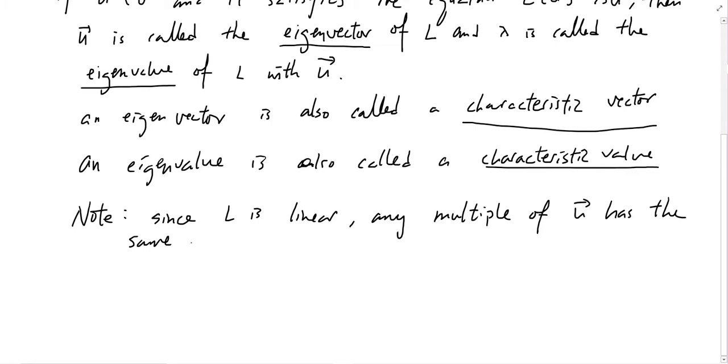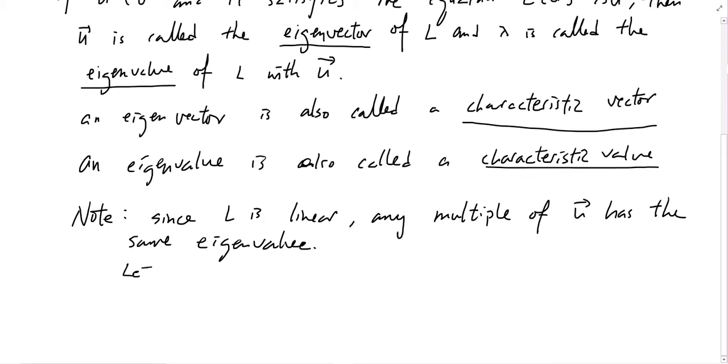For a specific eigenvector, there is a specific eigenvalue. And for a specific eigenvalue, there is usually a family of eigenvectors that will do that. So eigenvalues are pretty unique, but the eigenvector that goes with a specific eigenvalue can be any multiple.